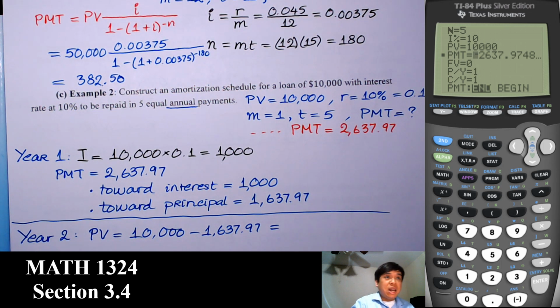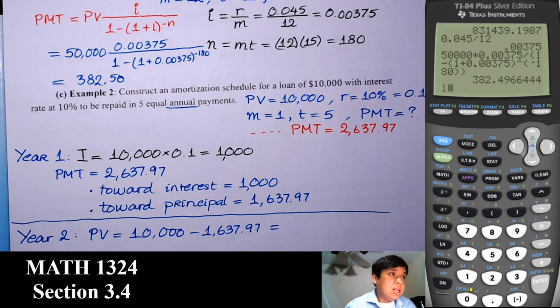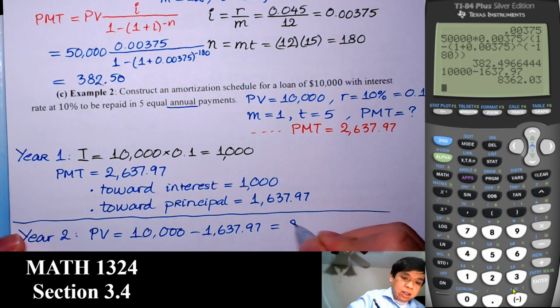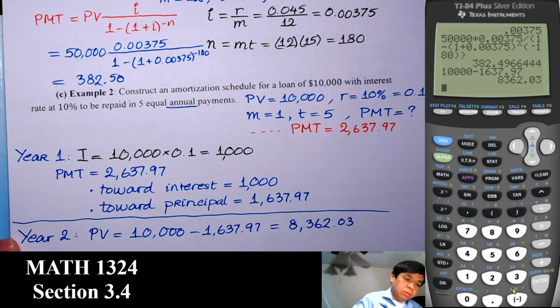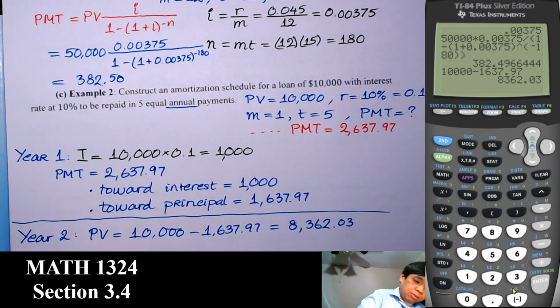And so the amount now, before we make any payments, is 10,000 minus 1,637.97. So we have 8,362.03. Now we still make the same payment.